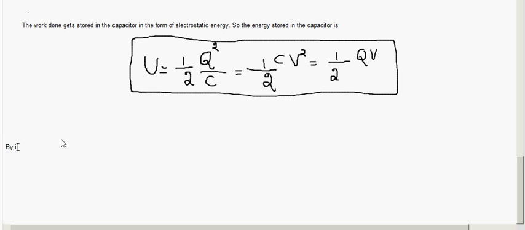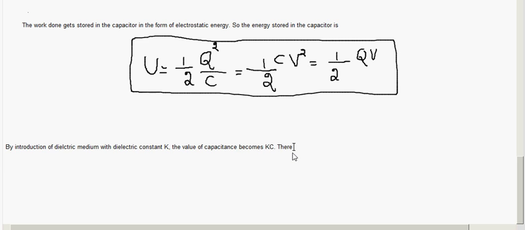By introduction of a dielectric medium with dielectric constant K, the value of capacitance becomes KC.